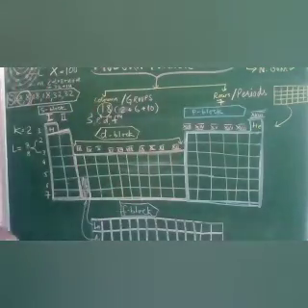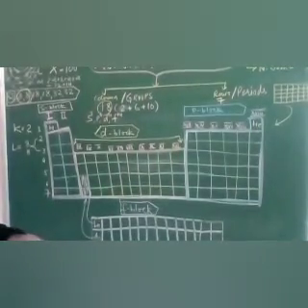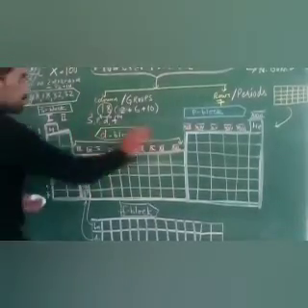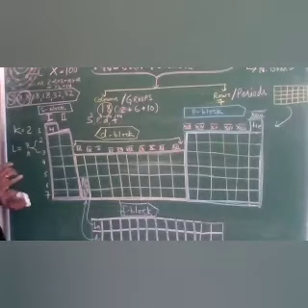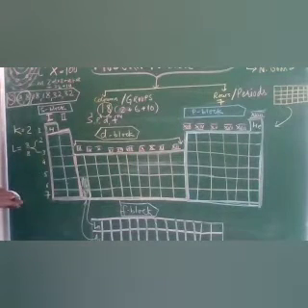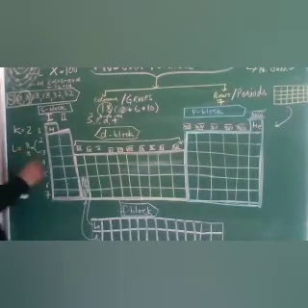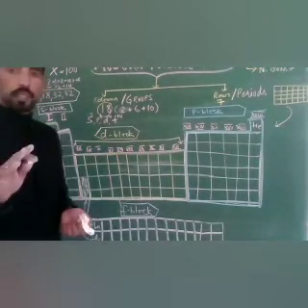Okay. That's why we have removed those lines, because we don't want more than 2, we don't want more than 8 and 8. Is it clear to you? Yes, sir.